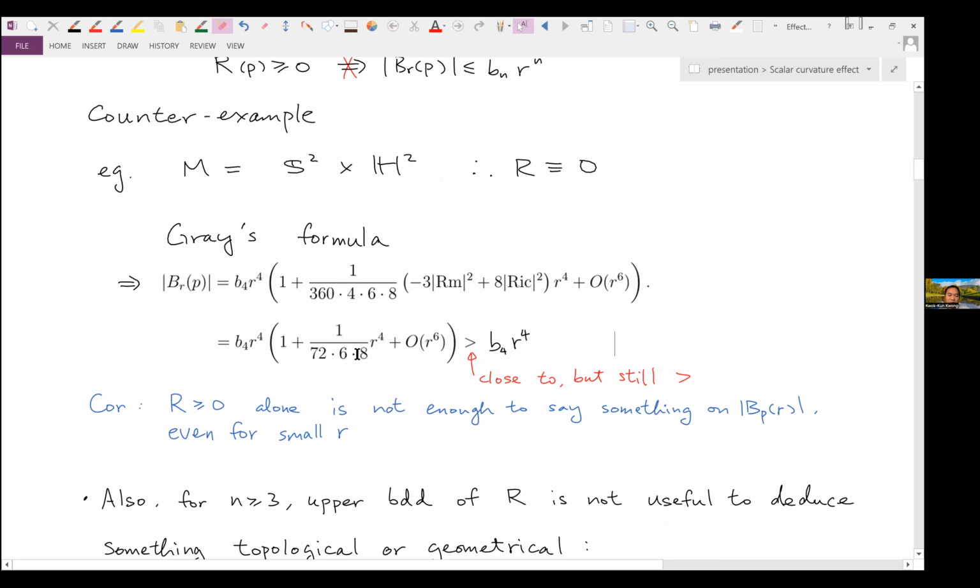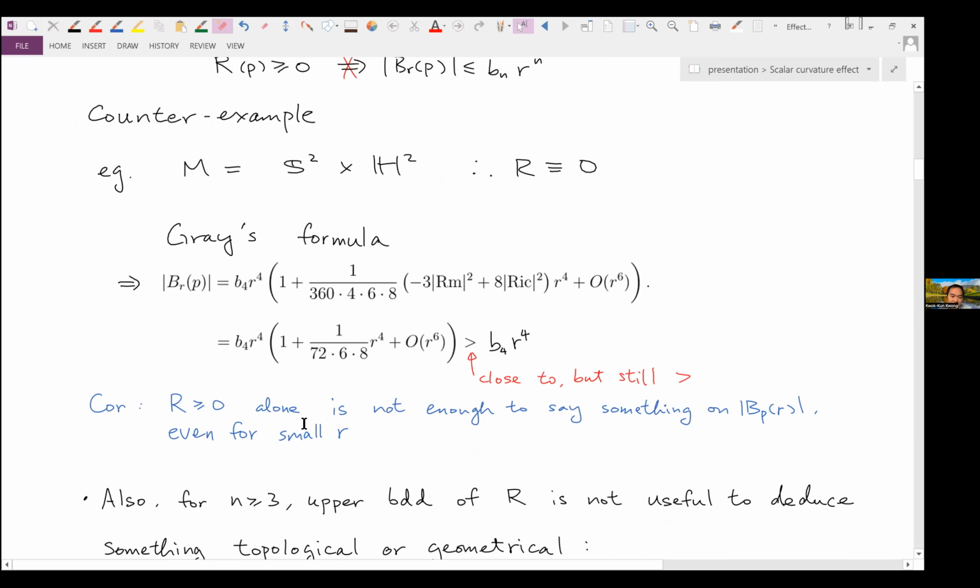So they compete with each other. The sphere competes with the hyperbolic plane, and it turns out the hyperbolic plane wins by a very small margin. Okay, but it's still a win, right? So it's close to, but not really smaller than or equal to the Euclidean volume.